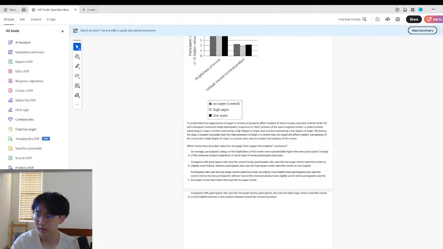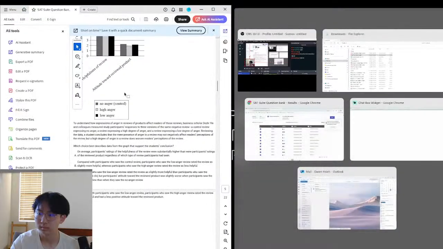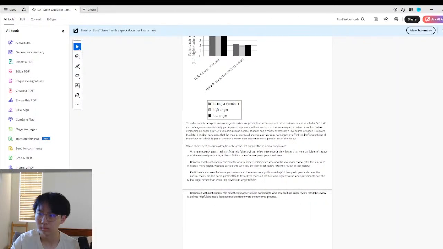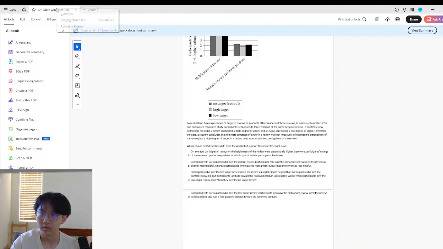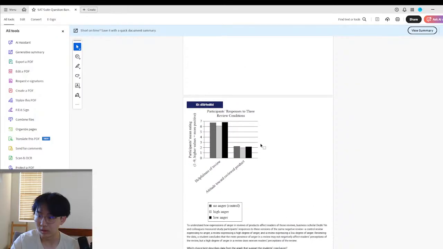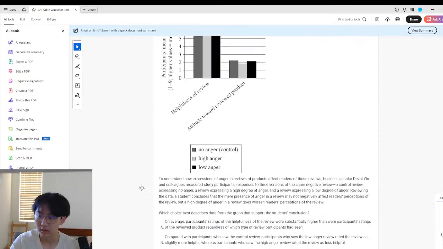Is there any way I could duplicate? No. I wish I could duplicate it, but I guess we will just look at the question first.